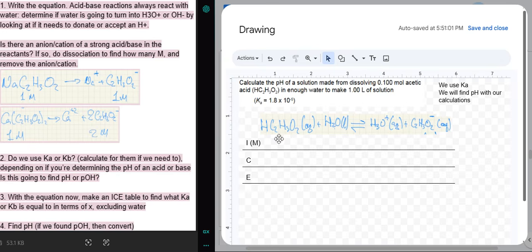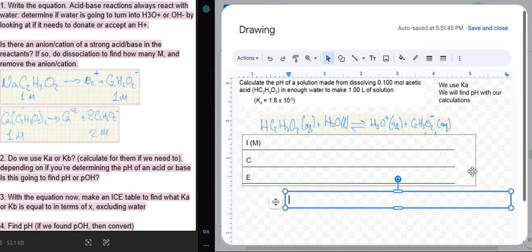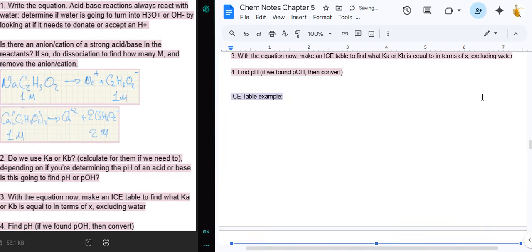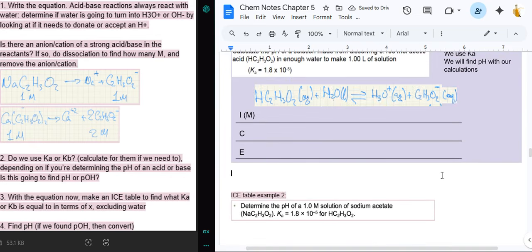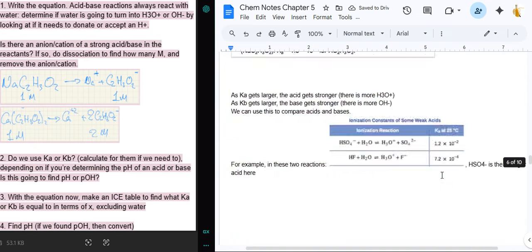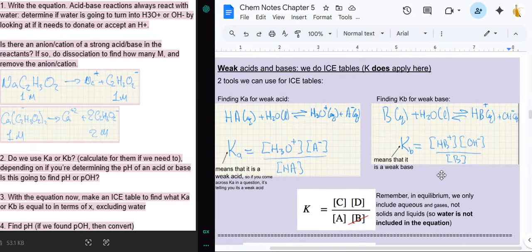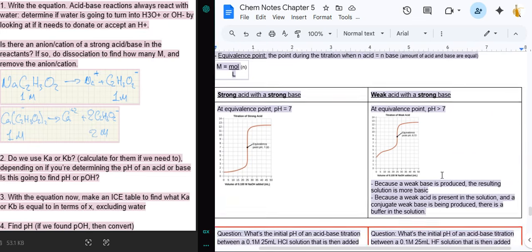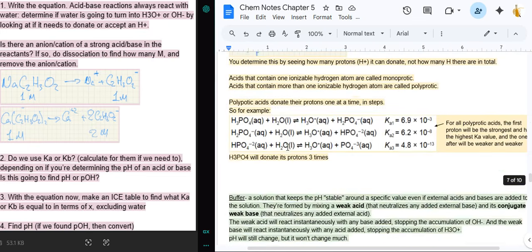So, to get that, remember molarity, the units for molarity is mole over liters, right? I think it's down here that I put the equation.